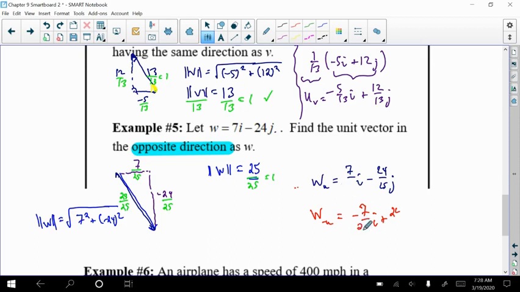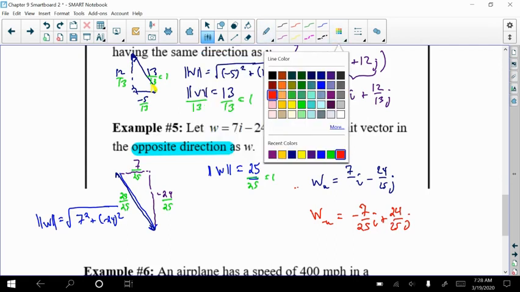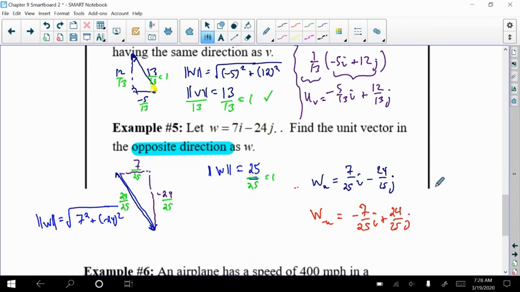Okay, so this should be negative 7 25ths i plus 24 25ths j. And then coming back, I suppose it doesn't have to be the exact color, but it's nice to match. 7 25ths. Okay, so that's the unit vector in the direction of W. This is in the opposite direction, but still a unit vector, because if you did the Pythagorean theorem, you'd get a value equal to 1.